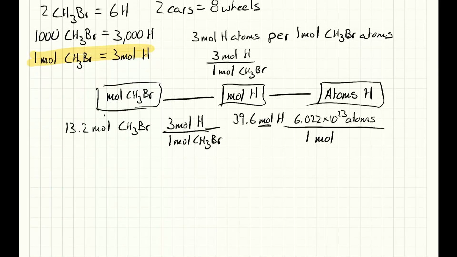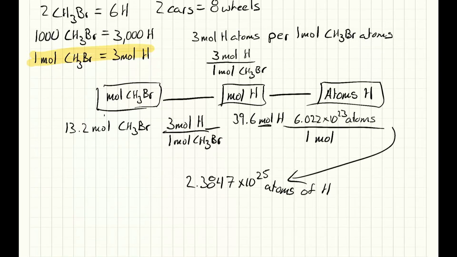So if we take our 39.6 times 6.022 times 10 to the 23, we will get, round to space again, 2.384, I'm just going to write this out, times 10 to the 25 atoms of hydrogen.